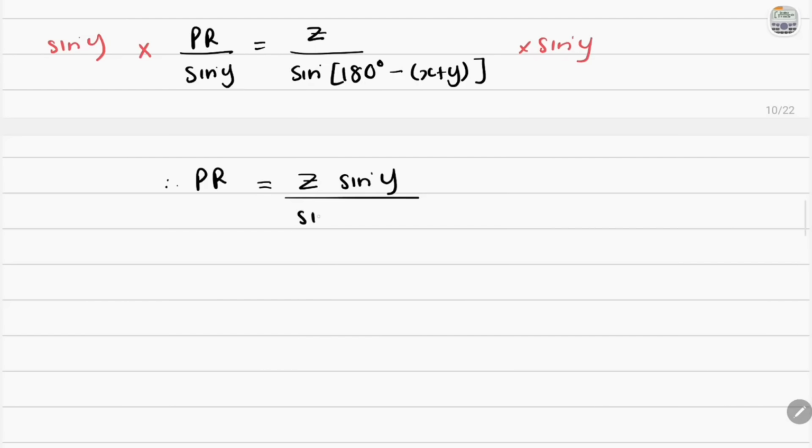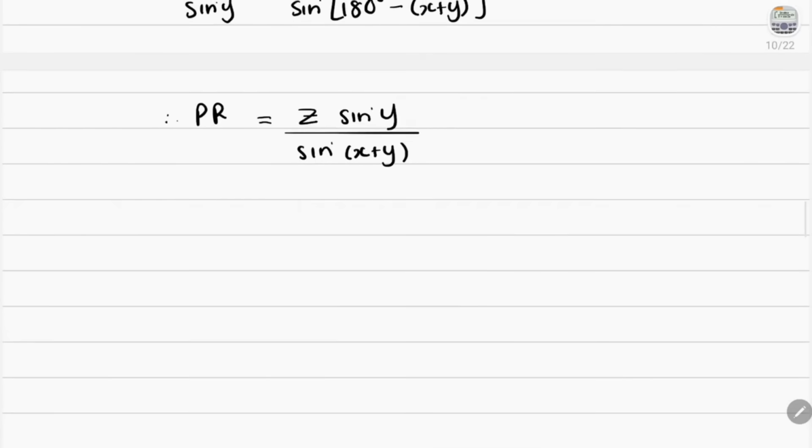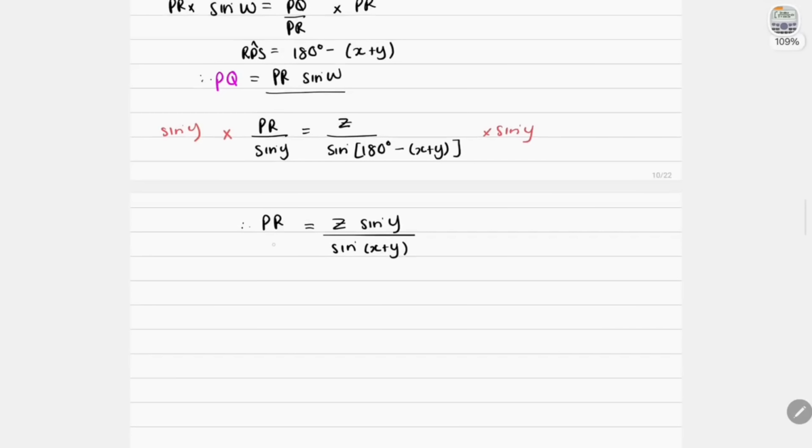So this just becomes sine, and then this is x plus y. You see where they get the x plus y, okay? And the sine y. And now, because we have PR, we can just substitute it into this equation.